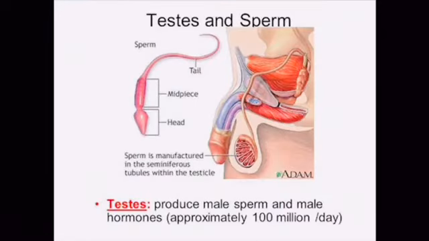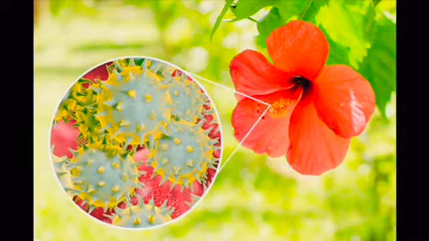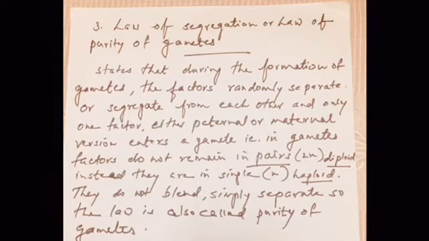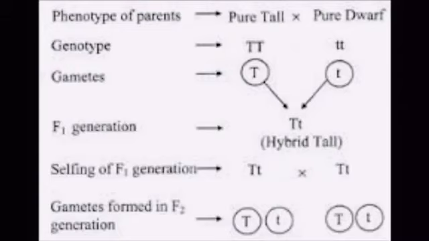So when the reproductive cells are produced in the gonads, the factors randomly separate or segregate from each other and only one copy, either paternal or maternal, enters a gamete.